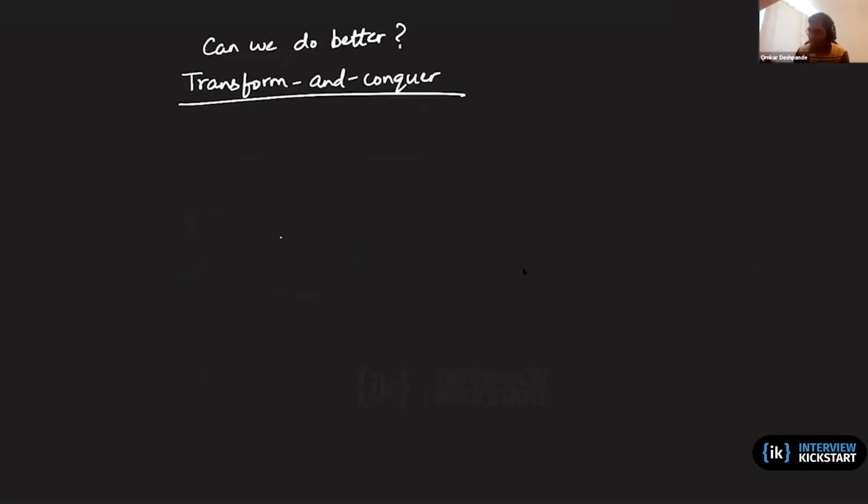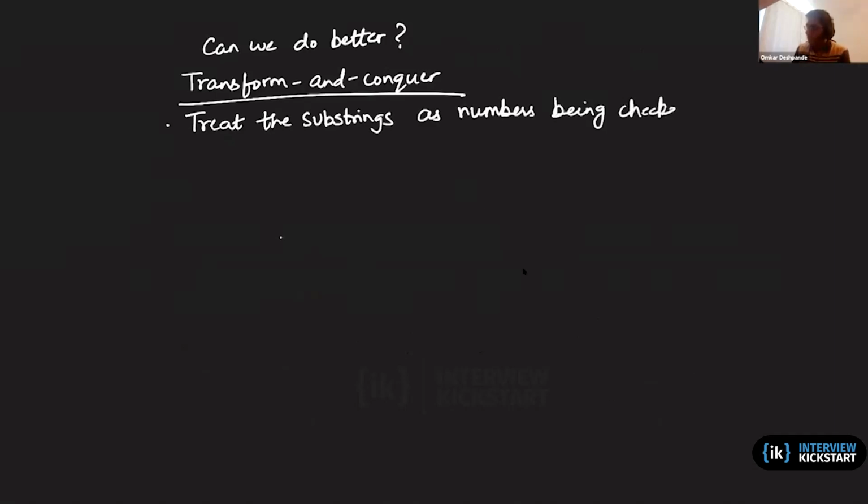So that's the idea. The idea here is to treat the substrings or the strings as numbers, being checked for equality.